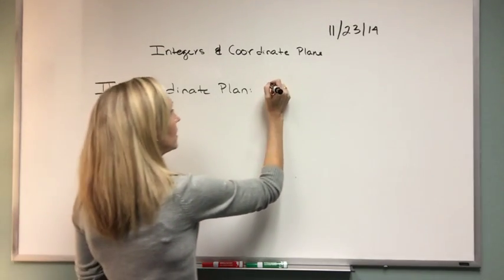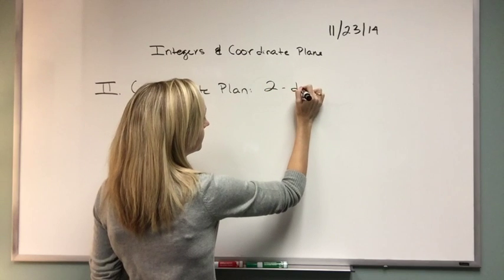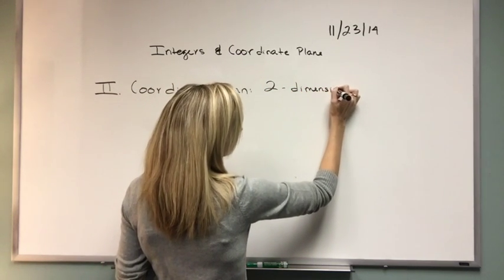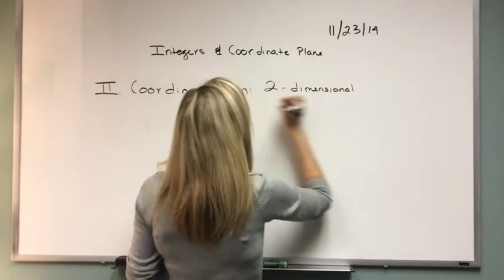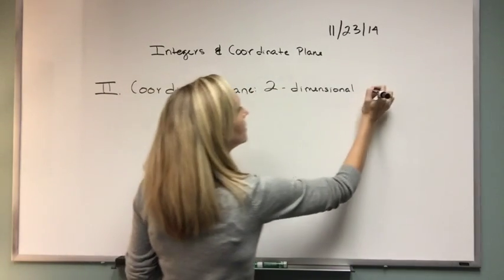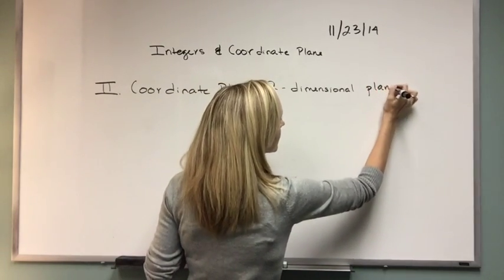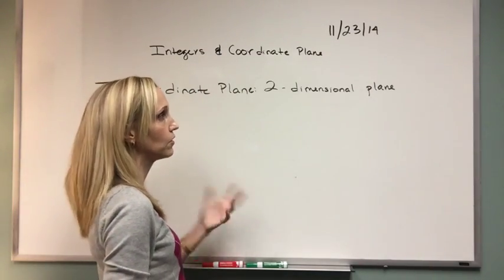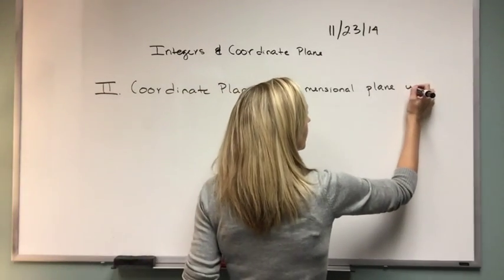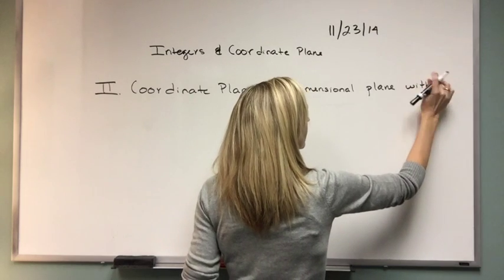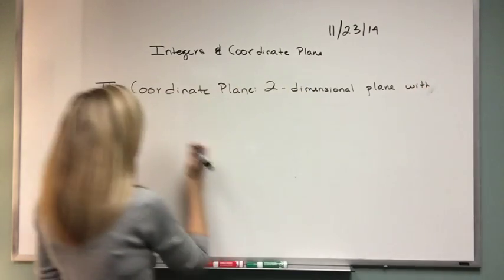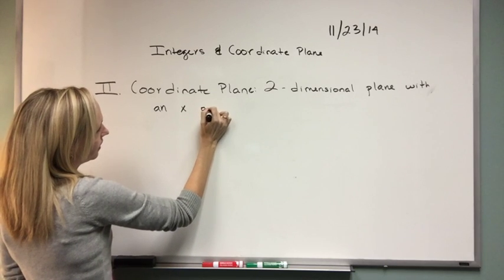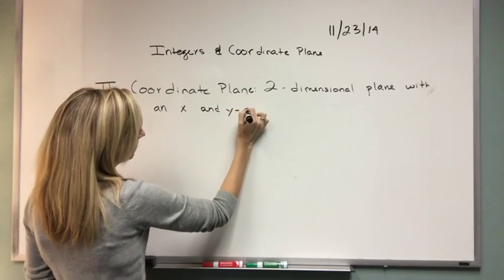So a coordinate plane is a two-dimensional plane. And we'll discuss what a plane is in geometry a bit more, but just take my word for it, it's a two-dimensional plane with an x and y axis.